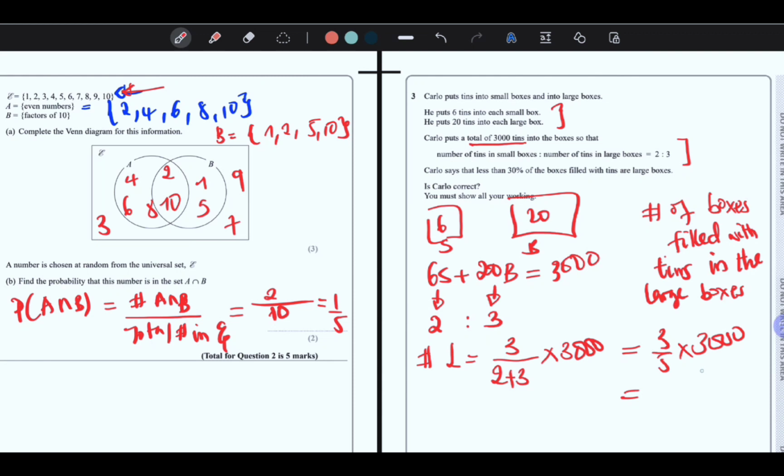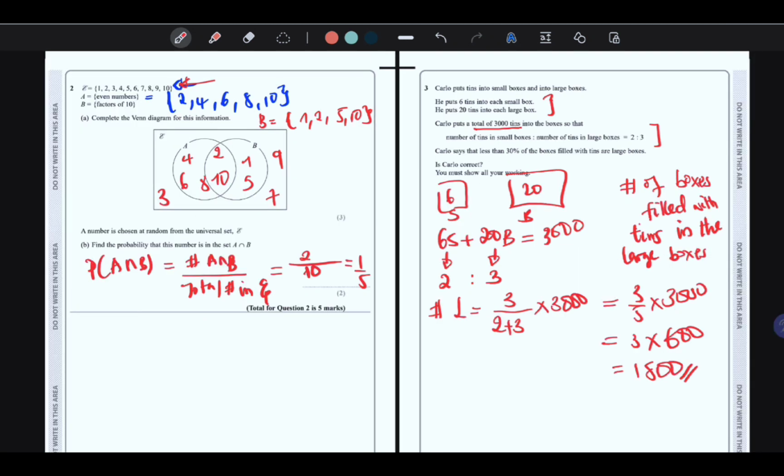We do 3,000 divided by 5, that's going to give us 600, and we do 3 times 600, which is 1,800. It means that 1,800 of the tins are filled in large boxes.